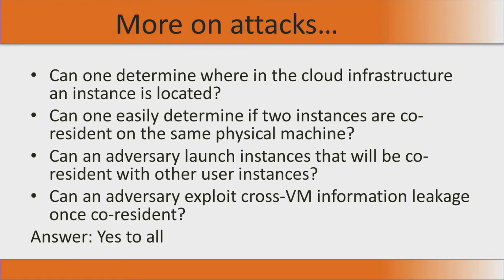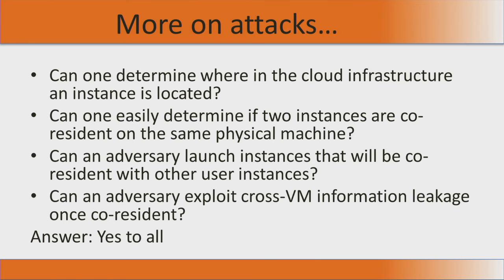To summarize this, can one determine where in the cloud infrastructure an instance is located? Can one easily determine if two instances are co-resident on the same physical machine, where one instance is a normal instance and another is a malicious instance?